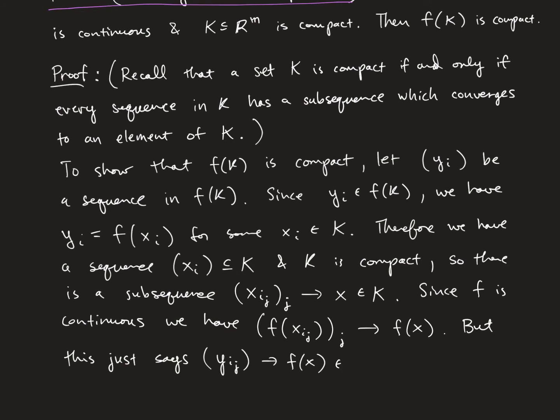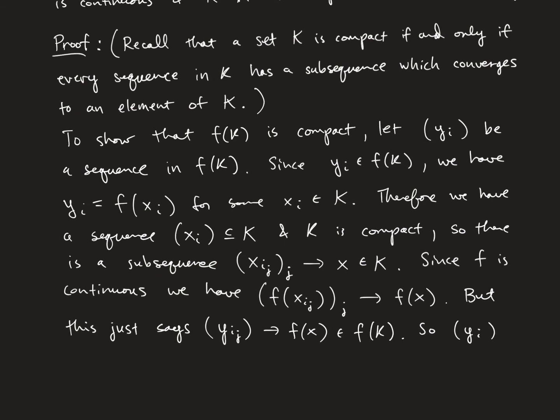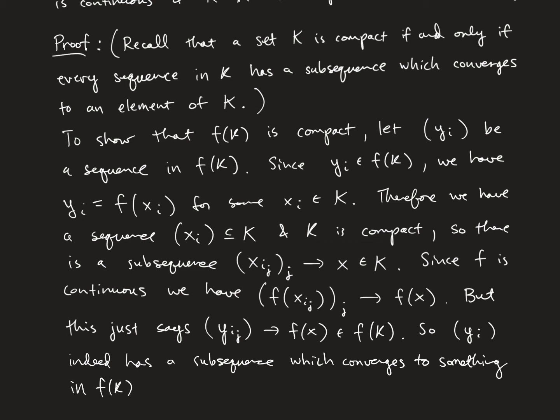And f of x, by definition, is an element of f of K. So our sequence y_i indeed has a subsequence which converges to something in f of K. And so f of K is compact. And that's it.